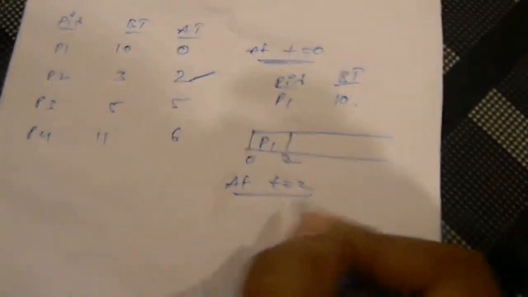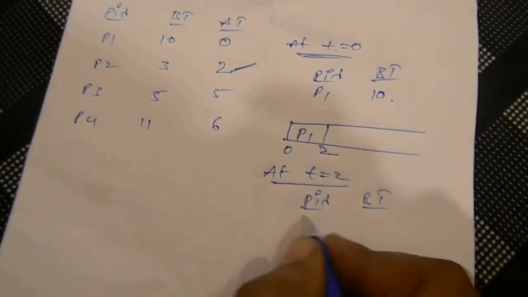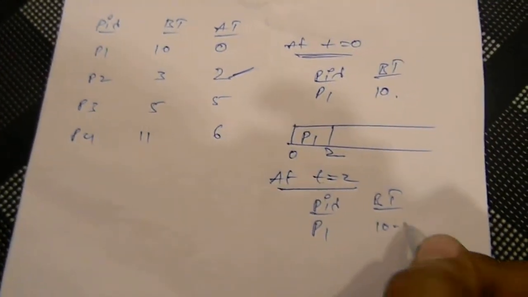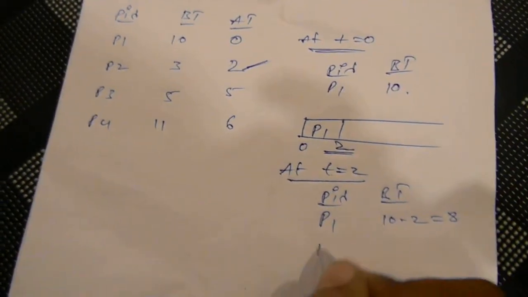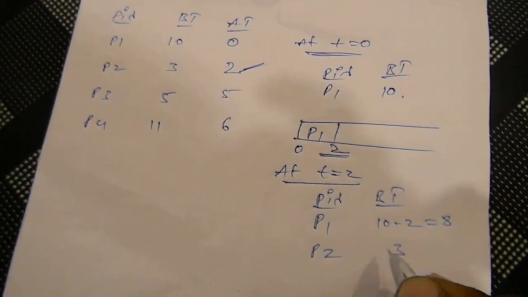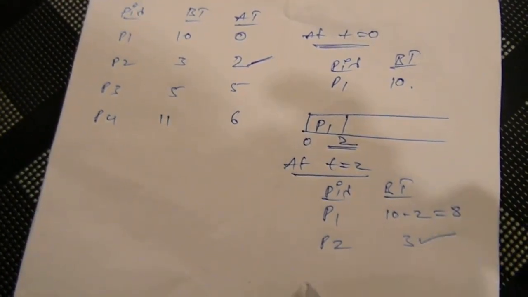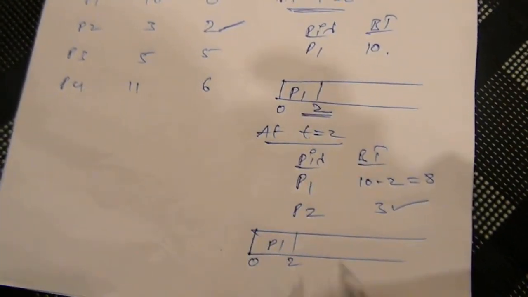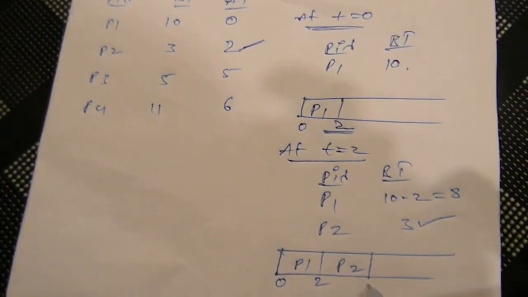Now at t equals 2 milliseconds, the processes in the ready queue are P1, whose burst time is 10 minus 2 because it executed 2 milliseconds, that equals 8 milliseconds, and P2 with 3 milliseconds. The shortest job among these two is P2. Then P2 enters the CPU and starts its execution. It executes up to 5 milliseconds.